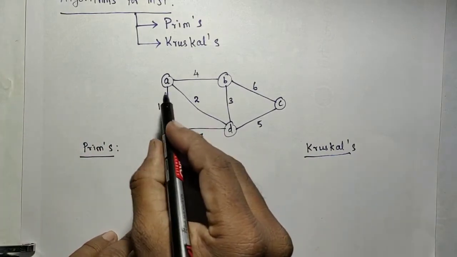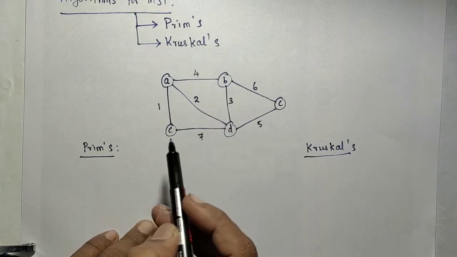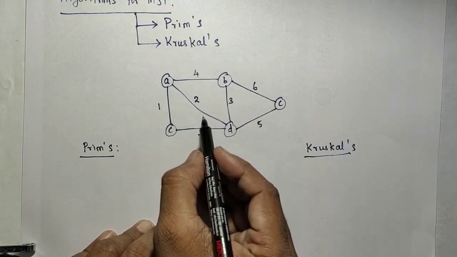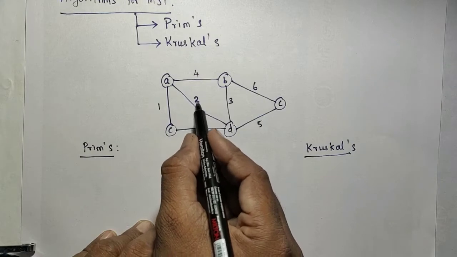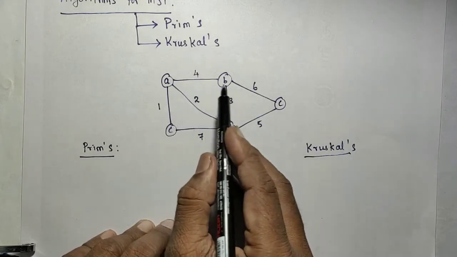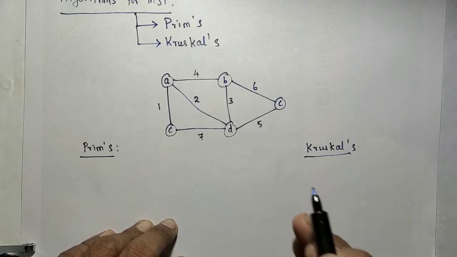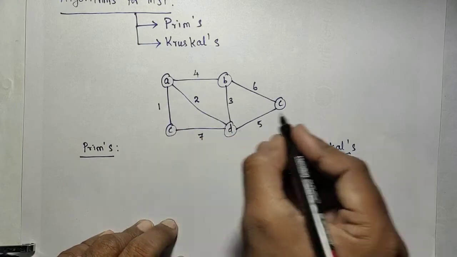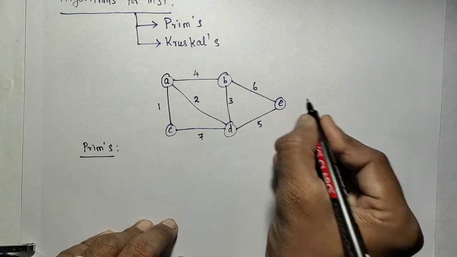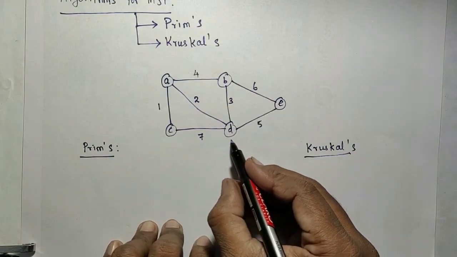For example, assume this is the given undirected weighted graph. The weight of each edge is written here like this. Here we can start from any vertex A, B, C, D, E. So this is E. Now suppose we are starting with D.